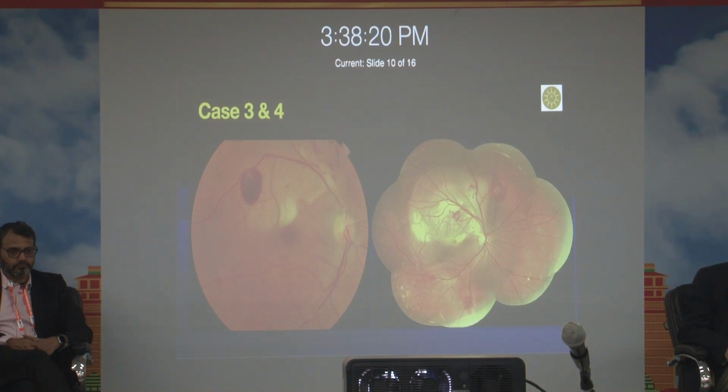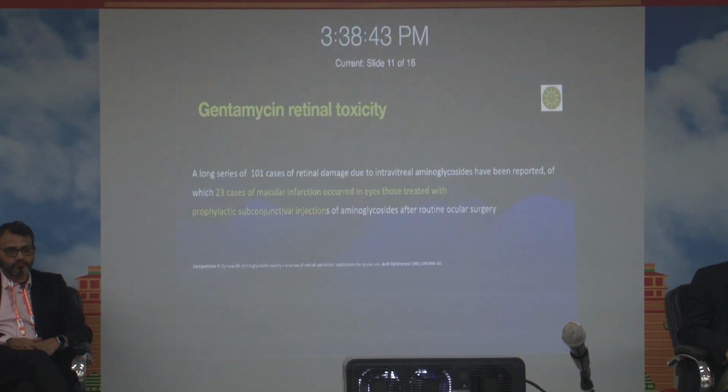We know that intravitreal gentamicin can lead to inadvertent macular ischemia, but we were surprised that even subconjunctival gentamicin can lead to transscleral absorption, especially if it is given at the area where you have your scleral incision. It is not through the wound into the eye, it is transscleral.